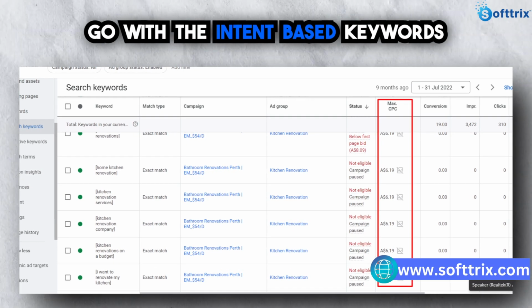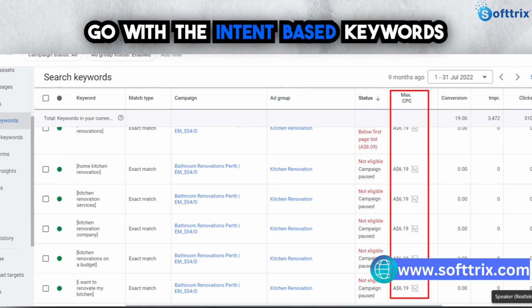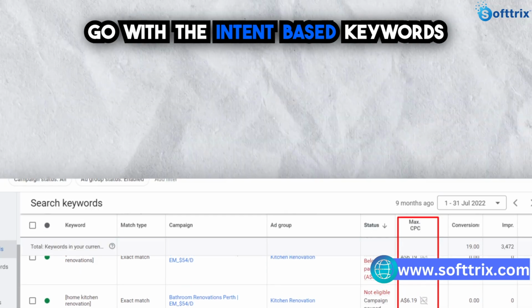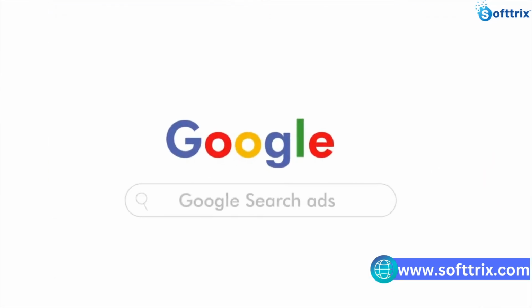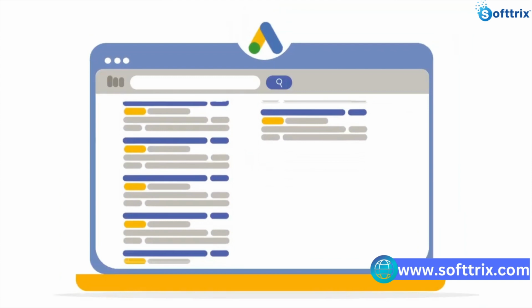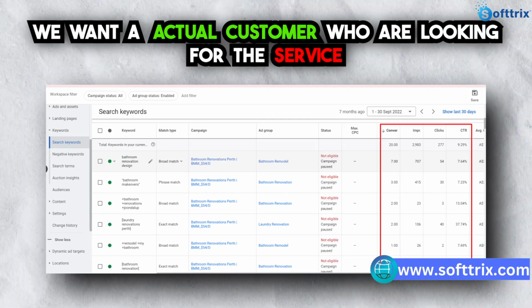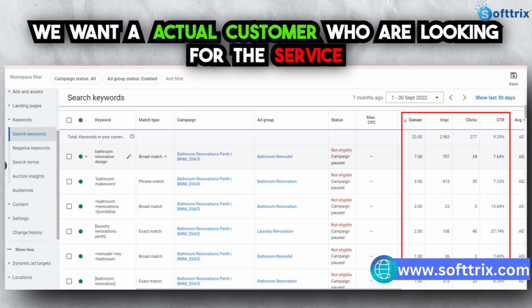As they have a very limited budget, we went with high intent keywords rather than keywords with high search volume, because at the end of the day we don't want visitors who are very early in their research to click on our ad copy. We want visitors who are actually looking for the service right now.